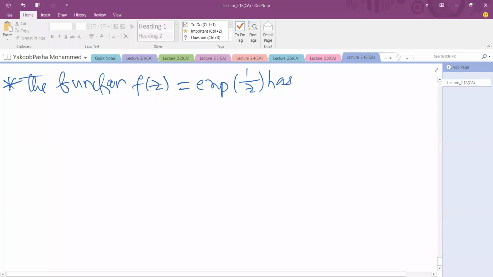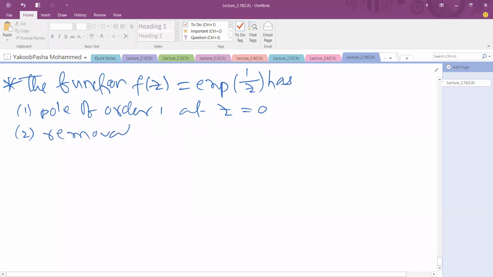First, pole of order 1 at z equal to 0. Second, removable singularity at z equal to 0.